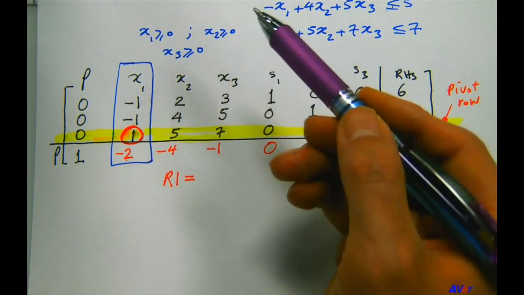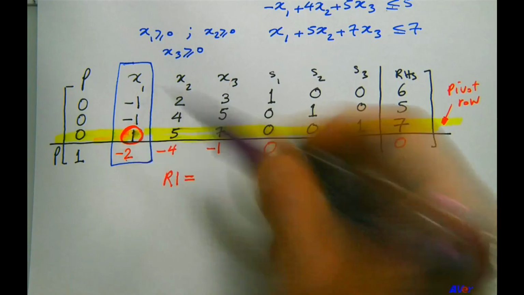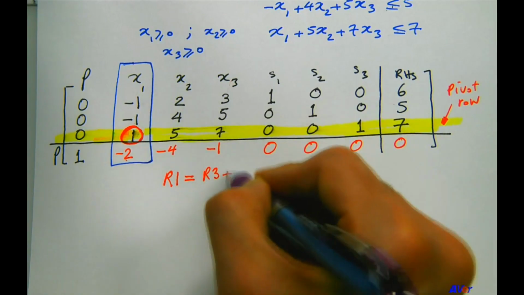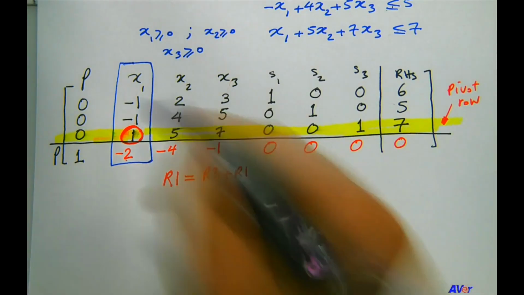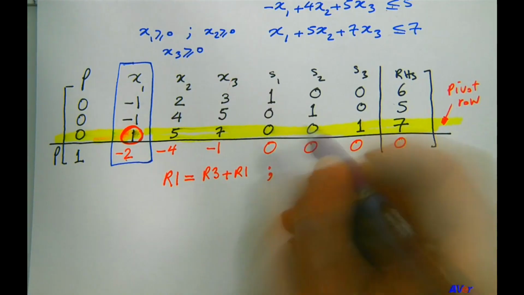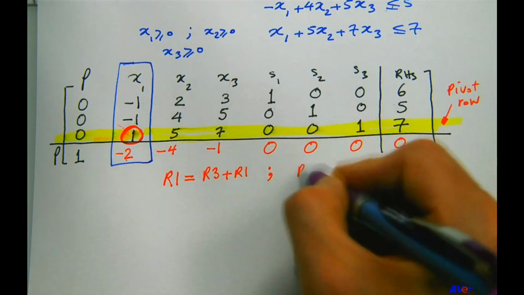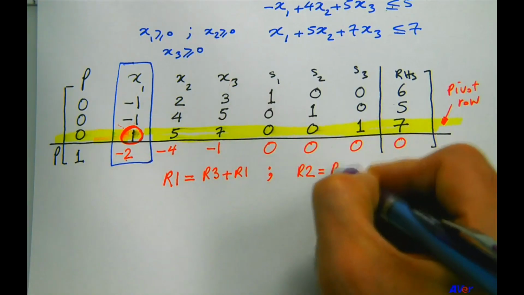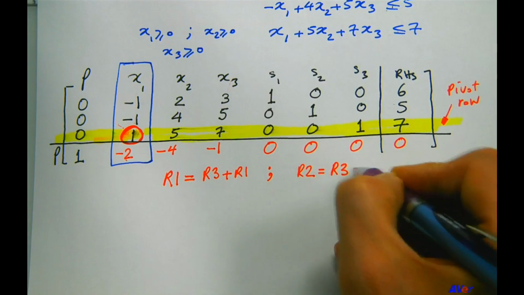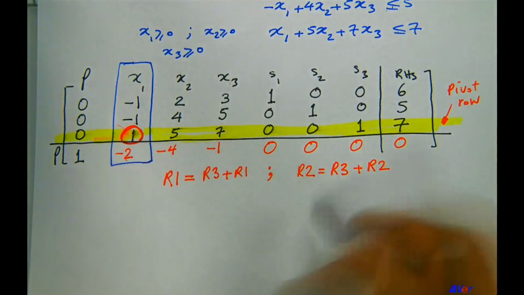Where is the +1 going to come from? From the pivot row. Just add row 3 plus row 1, and you're going to get a 0 in that spot. By the same token, you can do the same thing for row 2 to get a 0 in that spot. So row 2 this time is equal to row 3, which is the pivot row, plus row 2, which is the row we're changing with this row operation.